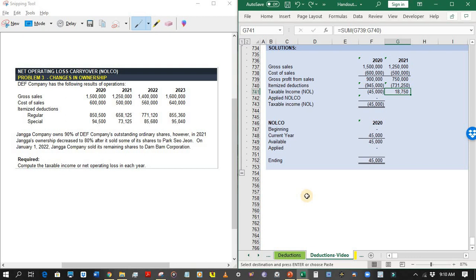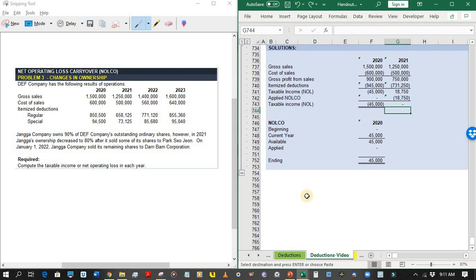And since we have a taxable income of 18,750, we can only deduct the amount of 18,750 from the 45,000 available NOLCO. So that is why as of 2021, we have no taxable income, which means that DEF company has no tax liability. So again, in 2021, NOLCO is allowed to be applied against taxable income although there is a change in ownership.